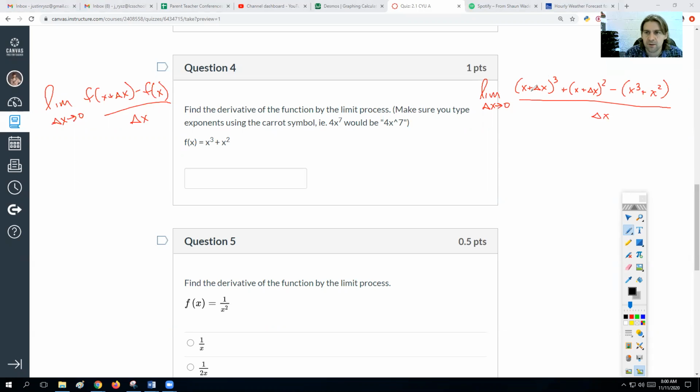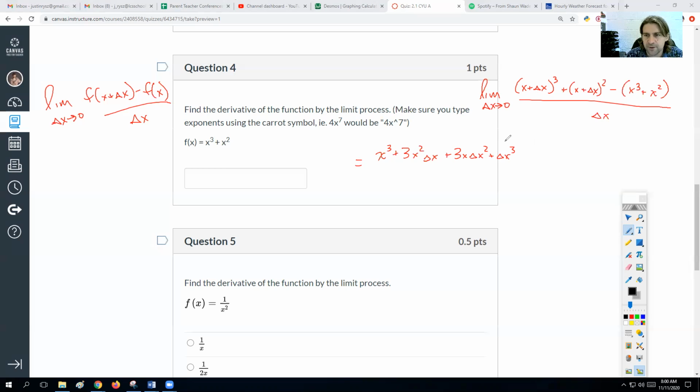Okay, so maybe we will make a list of our shortcuts to use here, but x plus delta x cubed comes out to be 1x cubed plus 3x squared delta x plus 3x delta x squared plus delta x cubed.